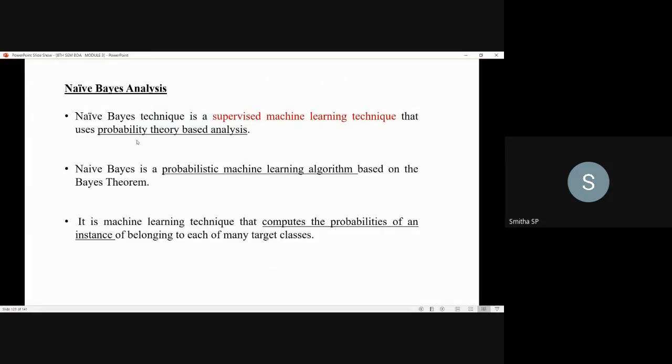Today we will be discussing naive Bayes analysis. The naive Bayes technique is a supervised machine learning technique that uses probability theory based analysis.